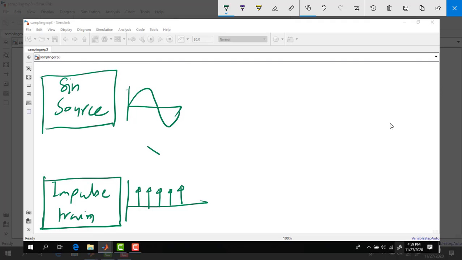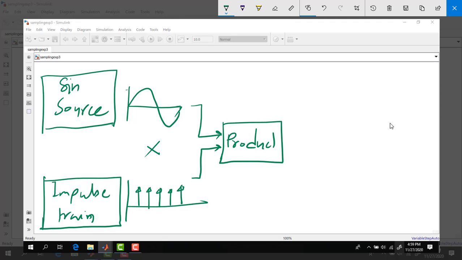This multiplication is basically the sampling process, nothing else, just the multiplication. So for multiplying, we need a product block. You already have worked with product block, I suppose. So it's a familiar block again. And the output of this product block is actually the sample signal. So we will try to see it and visualize it in the scope.